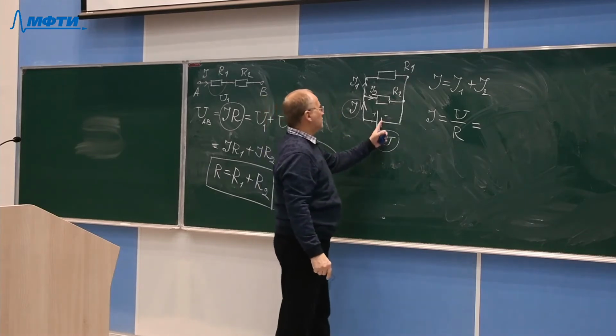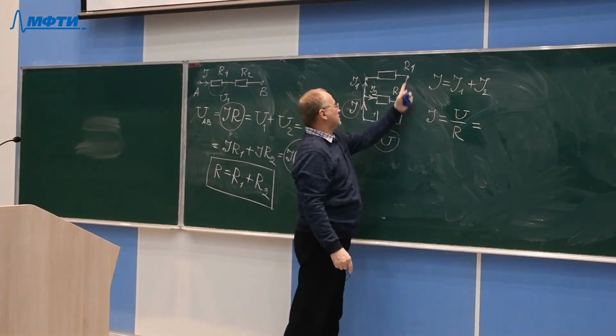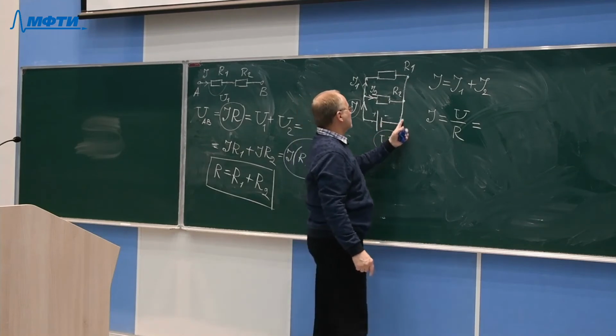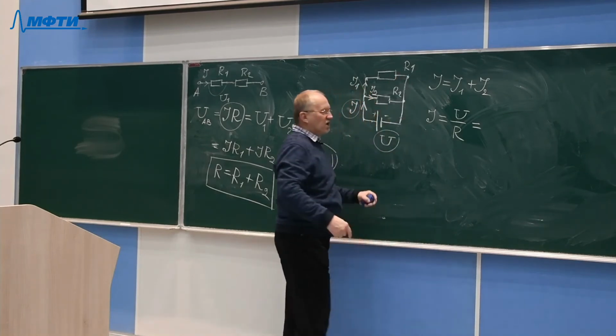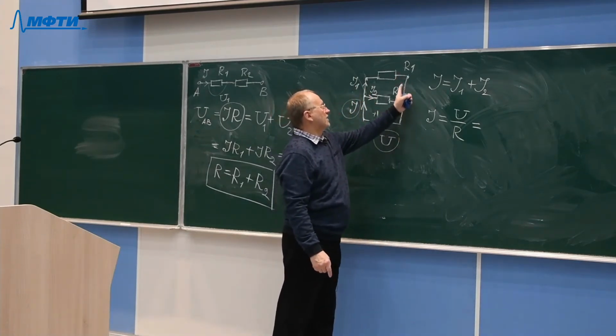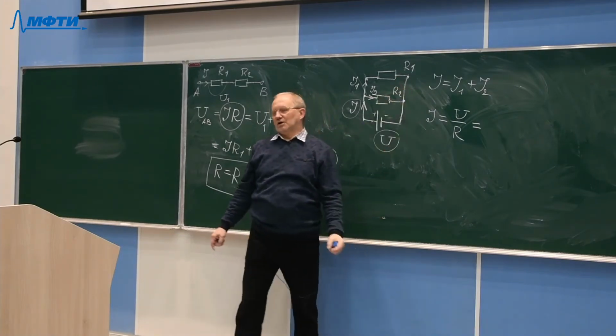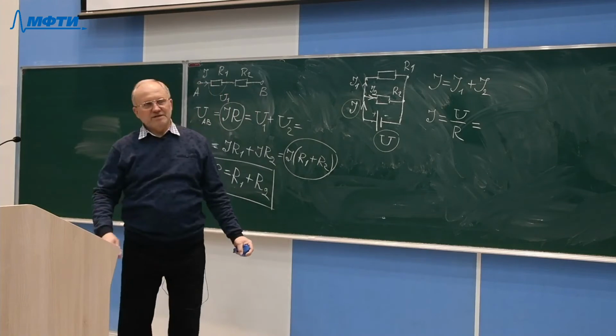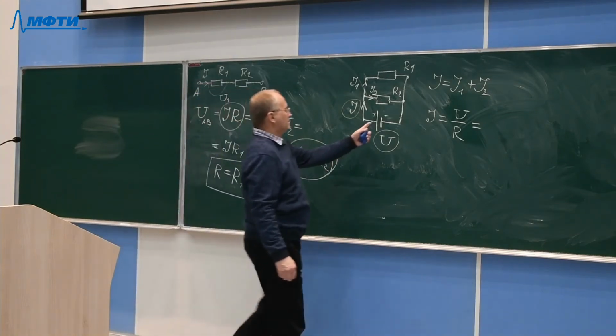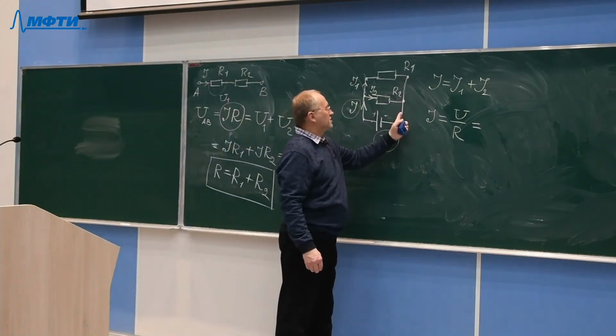The potential of this conductor is the same because the resistance of this wire is assumed to be 0. That is not true. Actually, the resistance is non-zero, but it's very small.